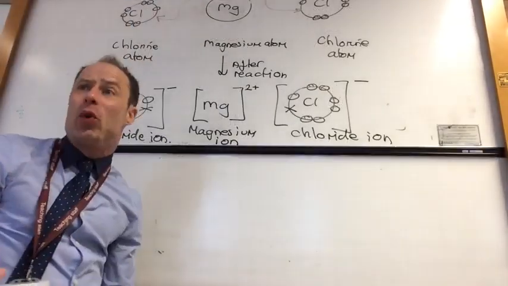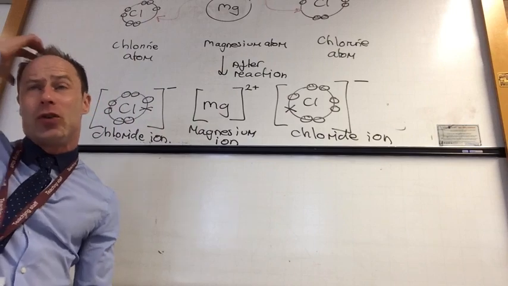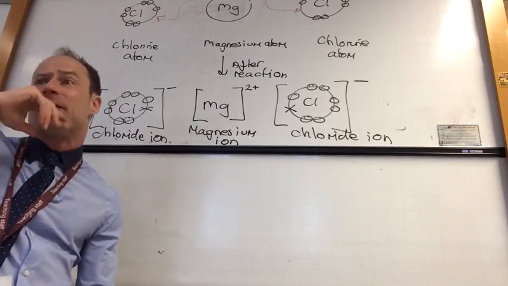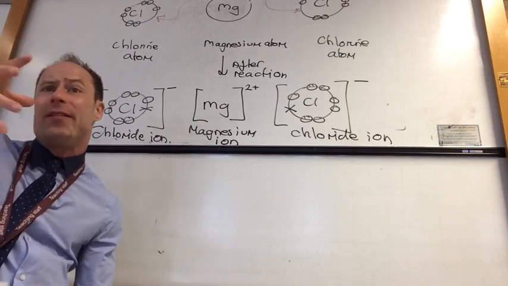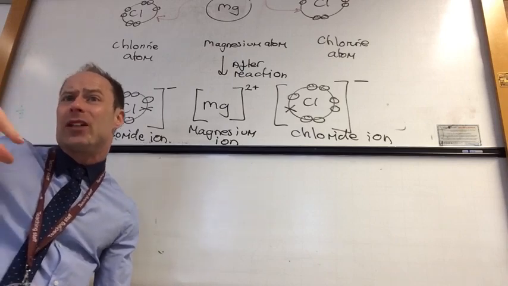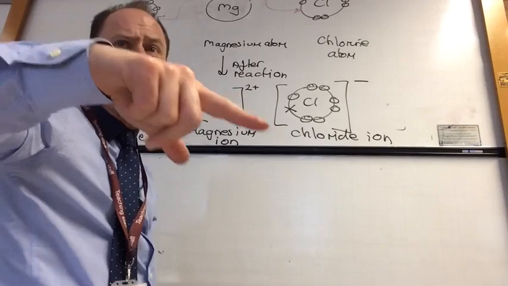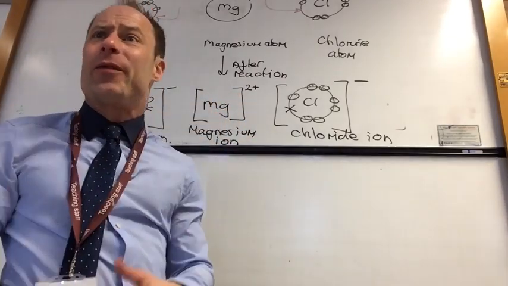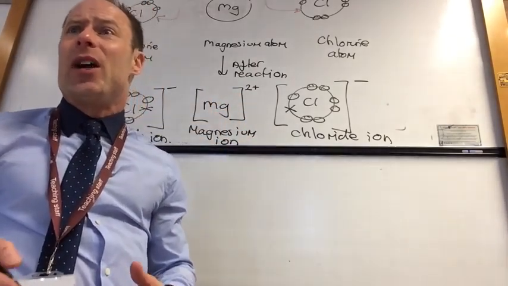So what you may be wondering is how on earth, if you're just told to do this for something, do you know how many of each you need? Well, you already know how to do that, because that's what we've been doing for the last few weeks. We've been through the periodic table, and we know the ions.